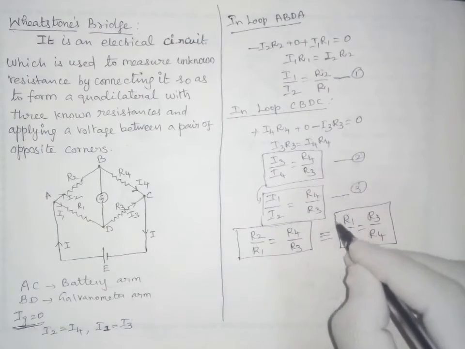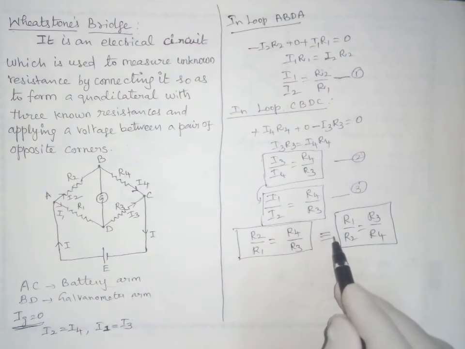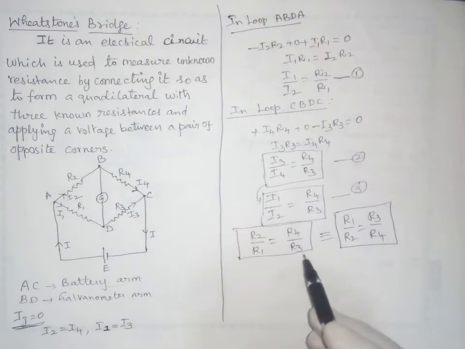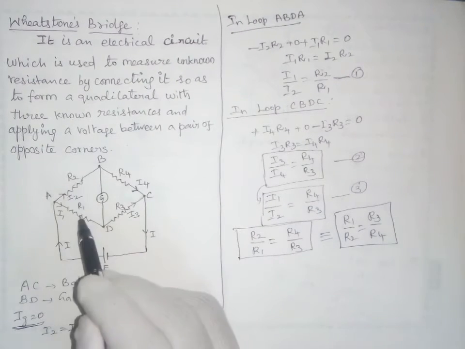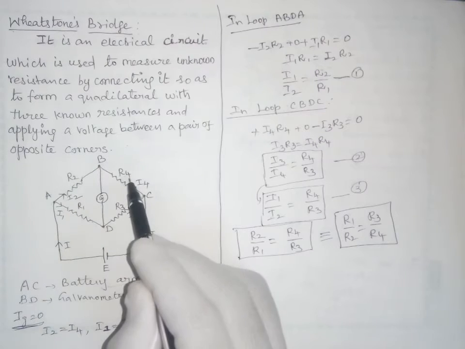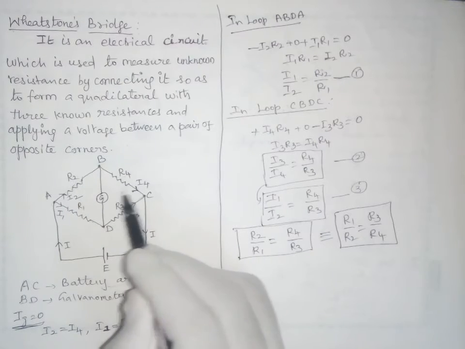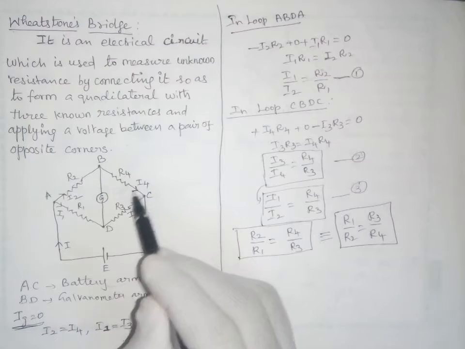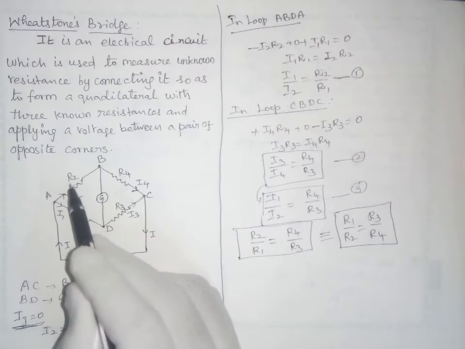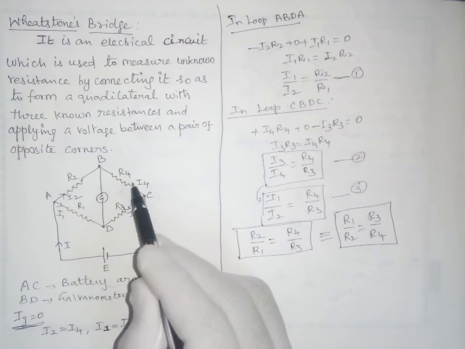Looking at the diagram, this is the balanced condition of the Wheatstone bridge. So the balanced condition should be R2 by R1 equal to R4 by R3, or simply R1 by R2 equal to R3 by R4.